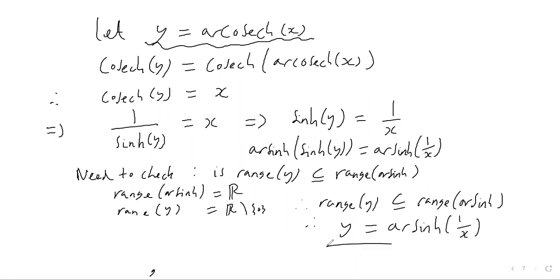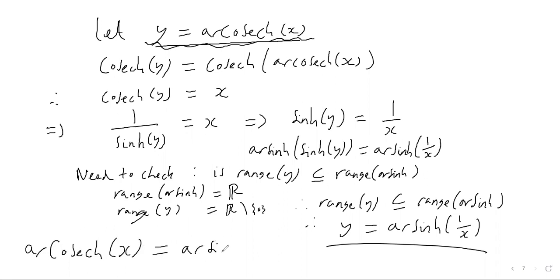But we know that y is the same as r cosec of x. So therefore it has to be true. Sorry, let me just move this back up to where it was. So we know for a fact that r cosec of x is equal to the function arsinh of 1 over x.